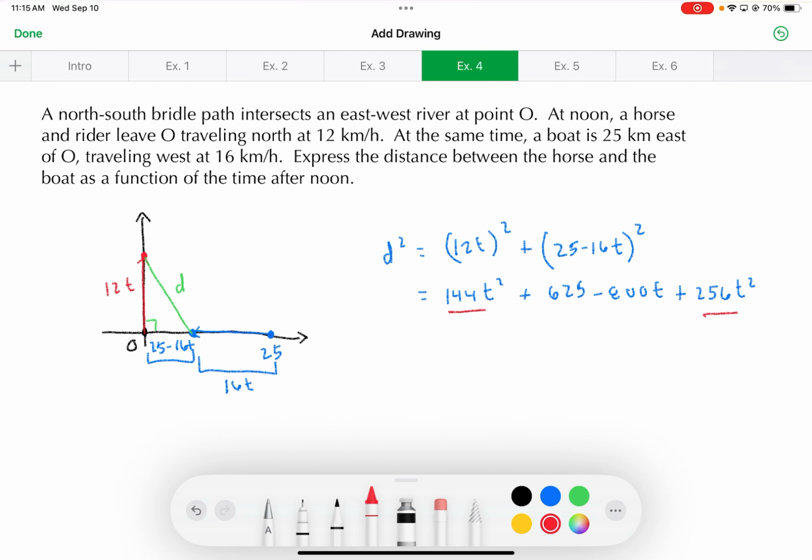And why don't I at the same time square root everything? So I'm going to end up with d equaling the square root of 400t squared minus 800t plus 625, and that would be kilometers.